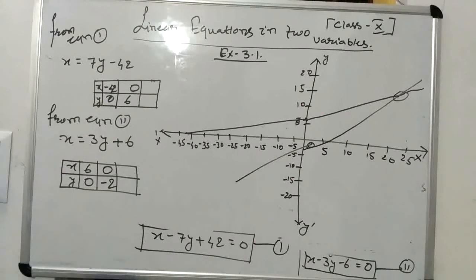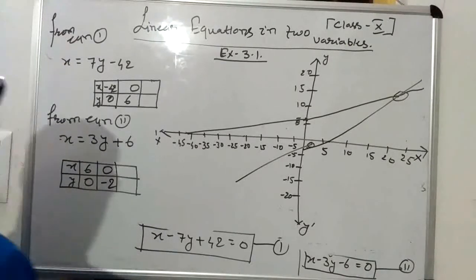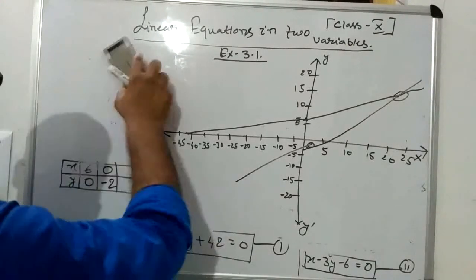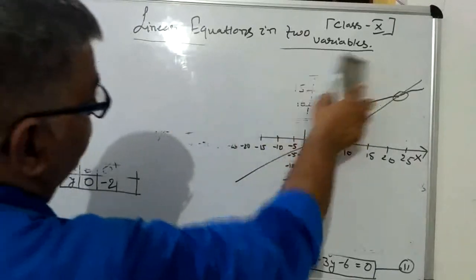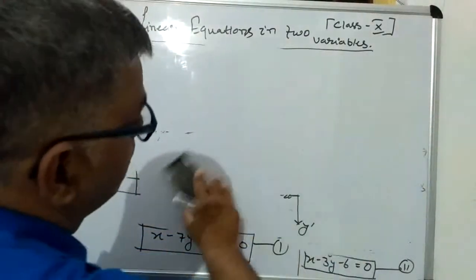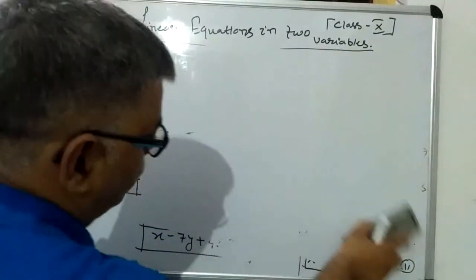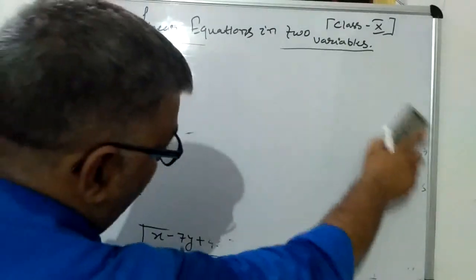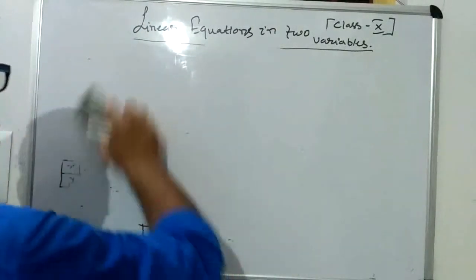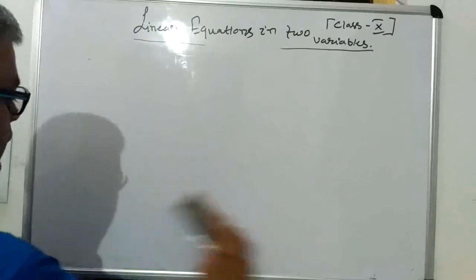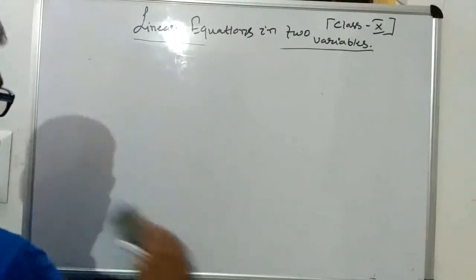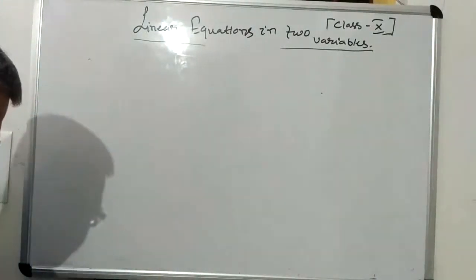So in this way you have to solve the graph questions of linear equations, and this is from exercise 3.1. All of you have already learned how to draw the graph of a linear equation, so use graph paper to draw the graph.